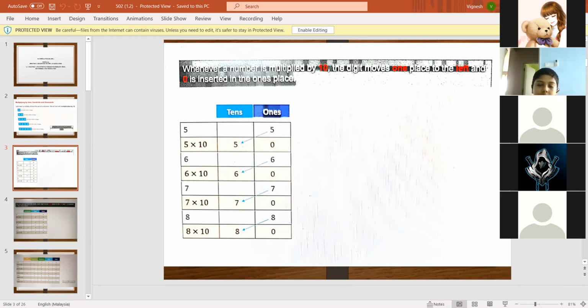Understand or not? Yes, teacher. Okay. And the same goes for 6 times 10, 7 times 10, 8 times 10. So you need to add zeros at the ones place. The number which is at the ones place will move to your left.